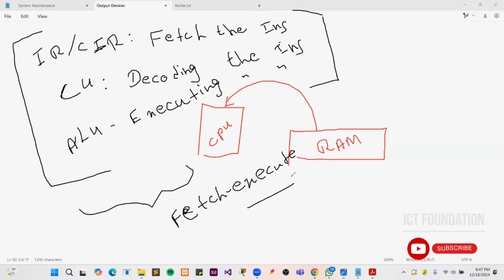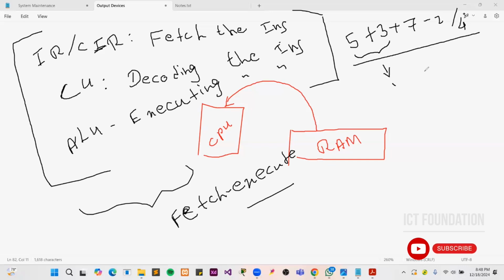So here we have to worry about the fetch execute cycle. The fetch execute cycle is not only a single instruction execution. Consider the operation 5 plus 3 plus 7 minus 2 divided by 4. Initially we have to do 5 plus 3. The result will be there.